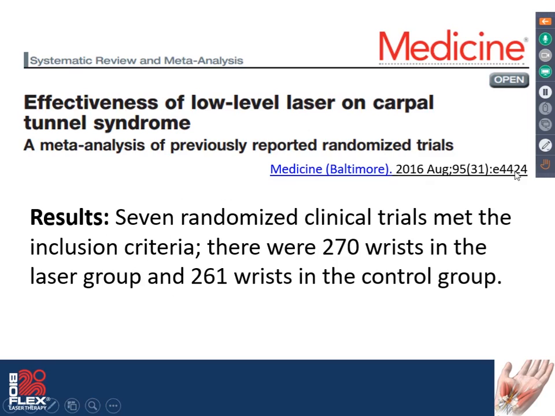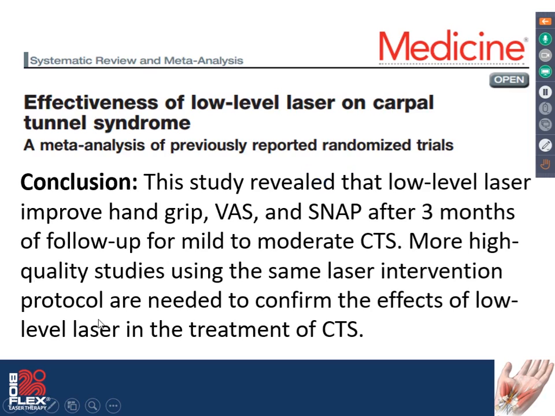Another paper published in 2016, so fairly recently, was essentially a meta-analysis looking at 7 randomized clinical trials. A total of 270 wrists were treated in these trials, with 261 in the control group and 270 in the laser treated group.